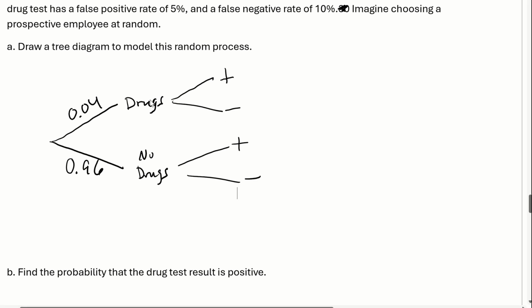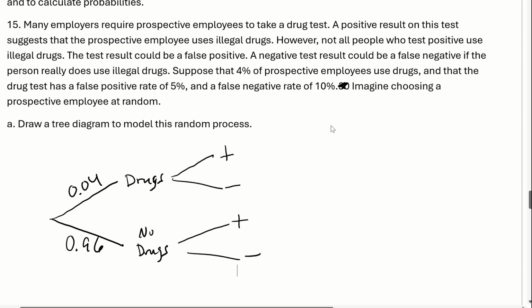Now, if they use drugs, the probability that they test negative is 10%, right? It says 4% of people use drugs and that the drug test has a false positive rate of 5% and a false negative rate of 10%. So if they test negative but they use drugs, then that's a false negative, right?